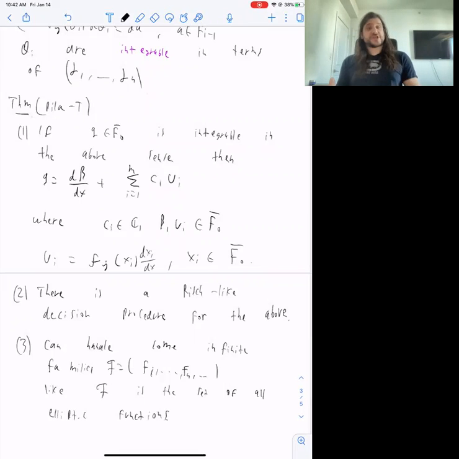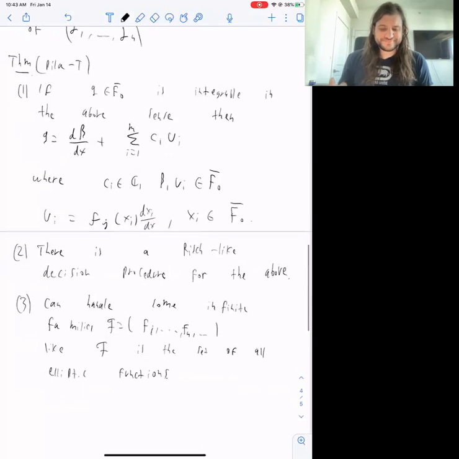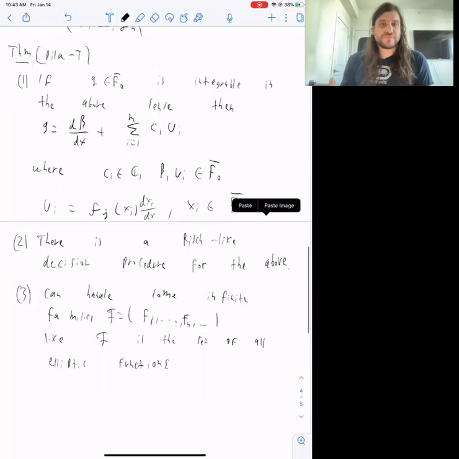Or in modern algebraic geometry language, all functions which come from a meromorphic function on some elliptic curve. Okay, so those are the main results.